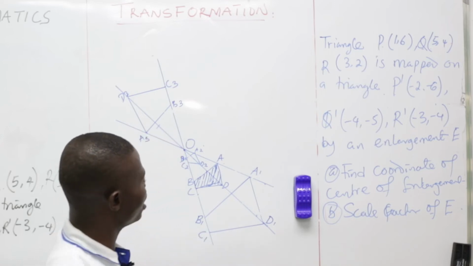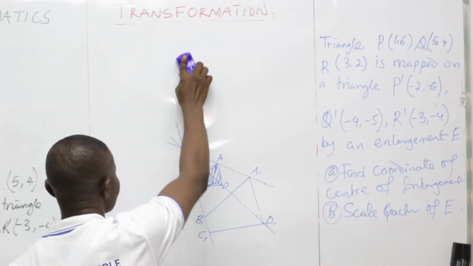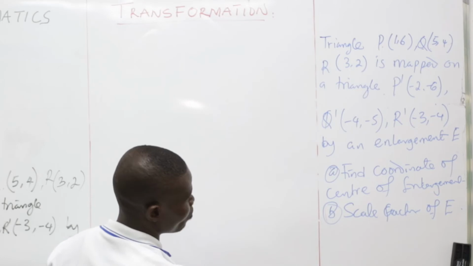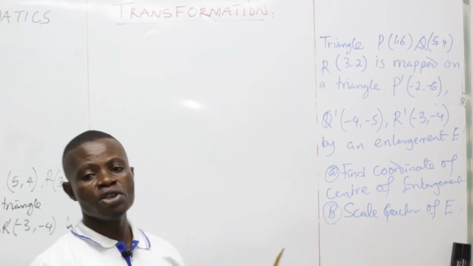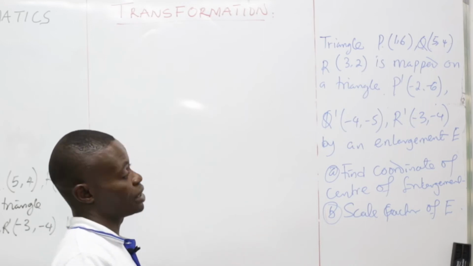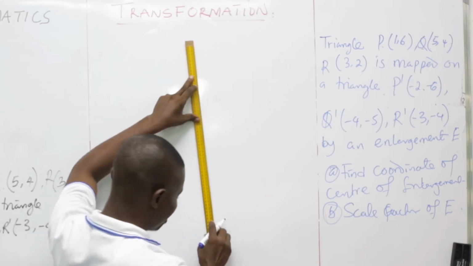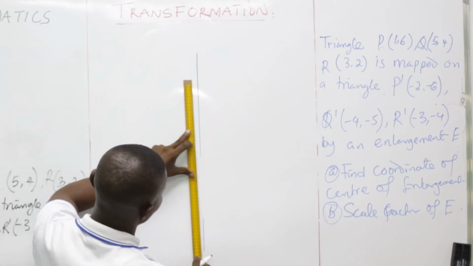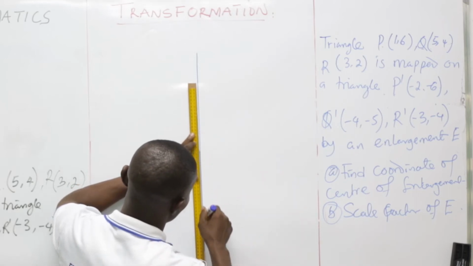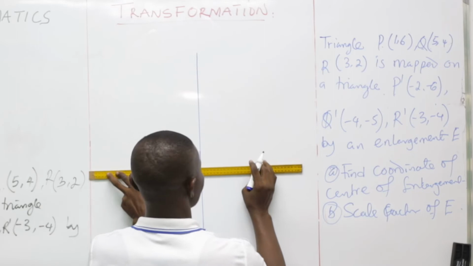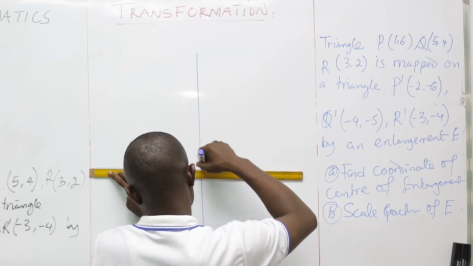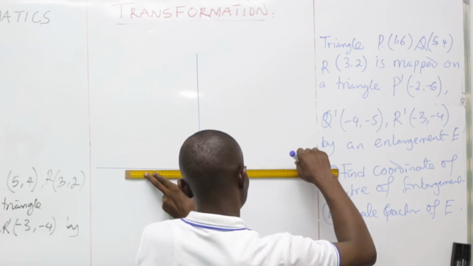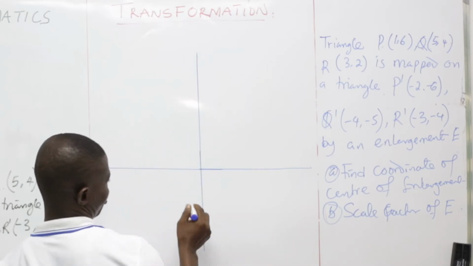Now let us plot a rough sketch on the board so we can trace our solution. First of all, as you know, you must get your object first. Then we think about the image. We draw our vertical line and horizontal line. We manage this in form of a graph.